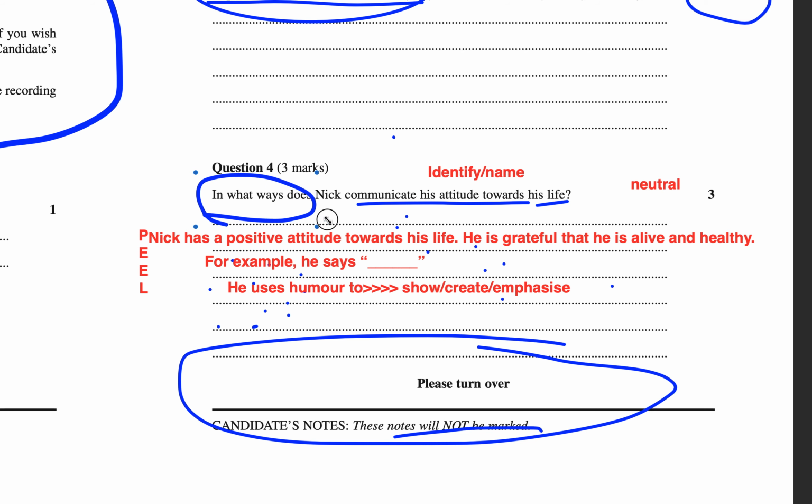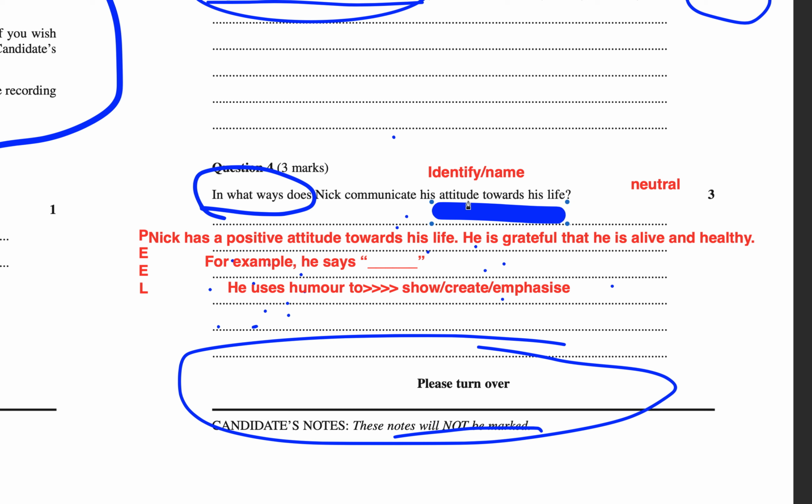If it says how does or in what ways does, that's usually a technique question, because it says in what ways does Nick communicate his attitude towards his life. So as you can see, you need to focus on his attitude towards what? His life.